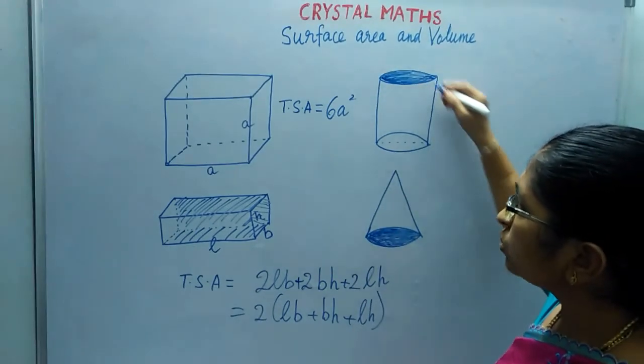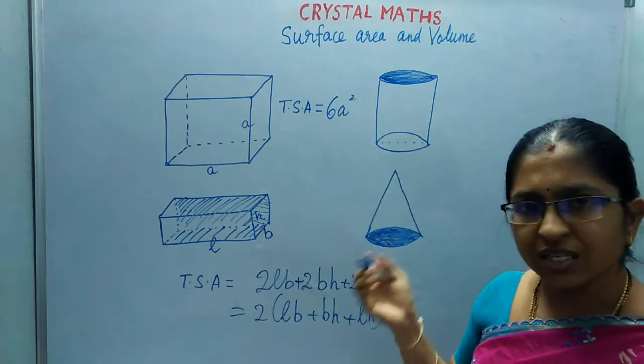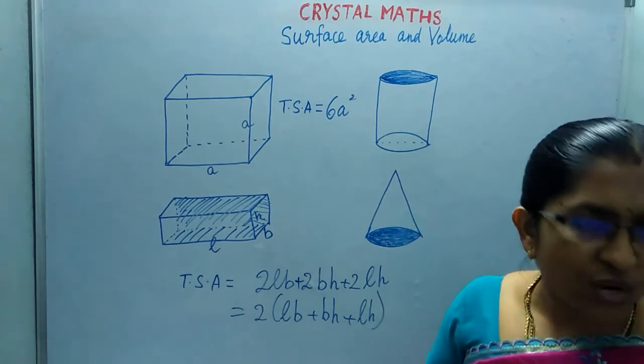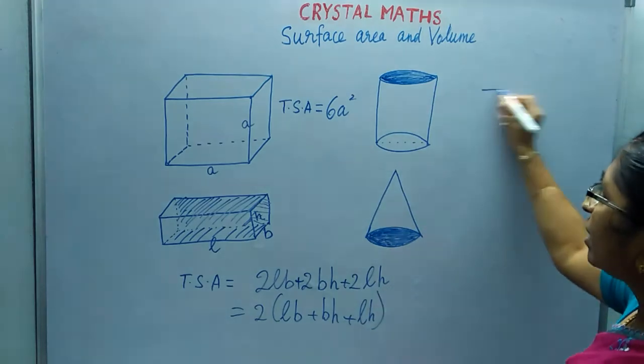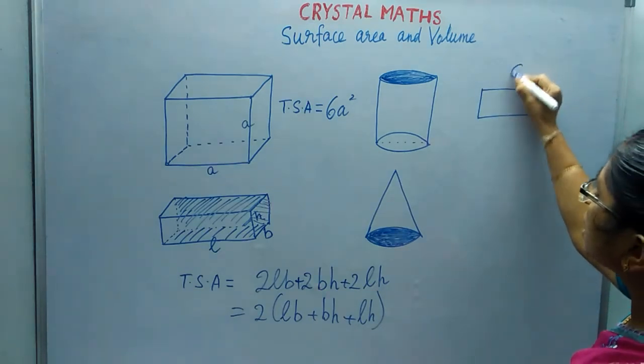How to see this one? That is the total surface area of the cylinder. If we cut and open the cylinder, we will get one rectangular piece and 2 circular pieces.